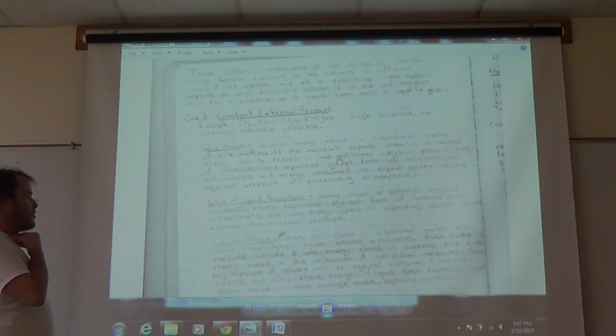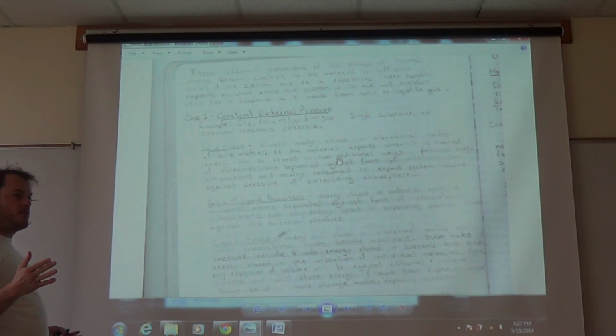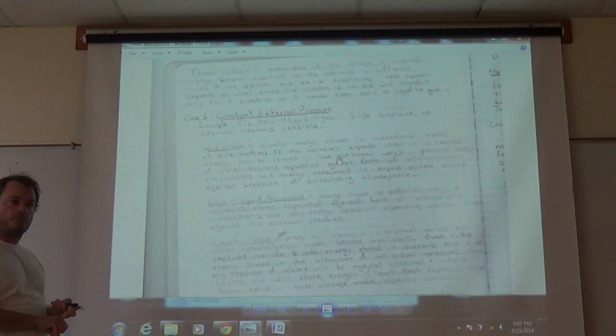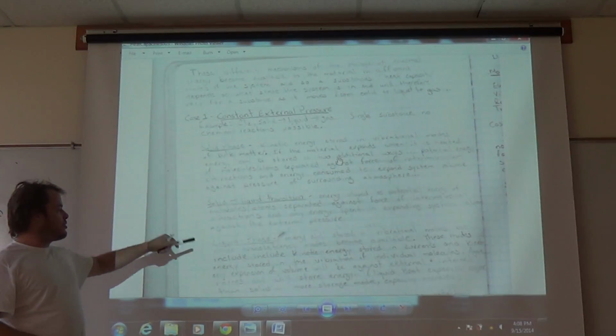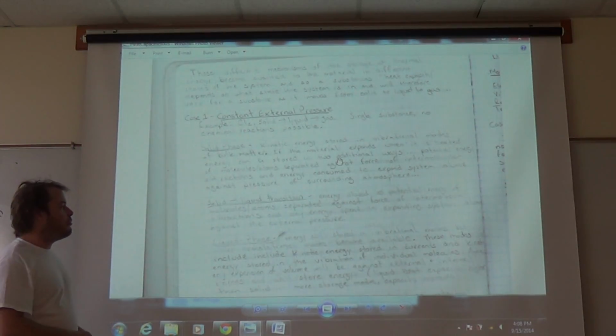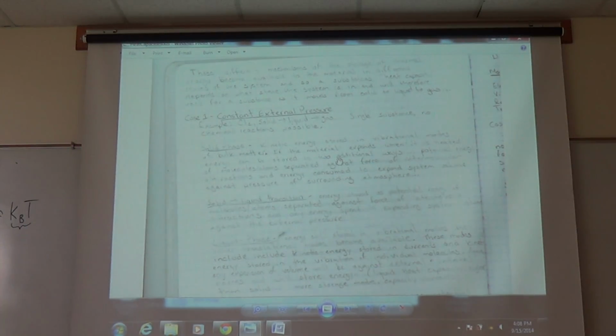And then again, within the liquid, if the liquid's expanding, you've got those same two payments that we spoke of earlier. Energy to expand against internal forces and then energy needed to expand against external forces. It turns out that in general, the liquid phase has more different modes of energy storage than does the solid phase.